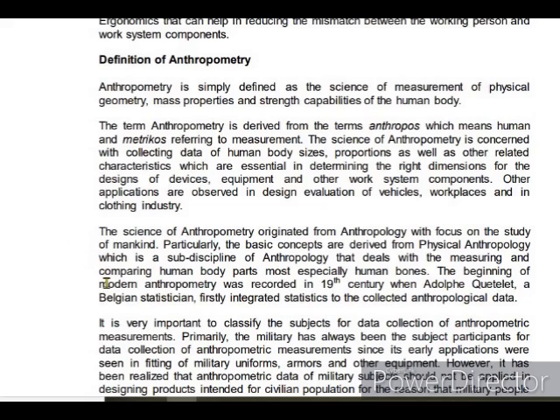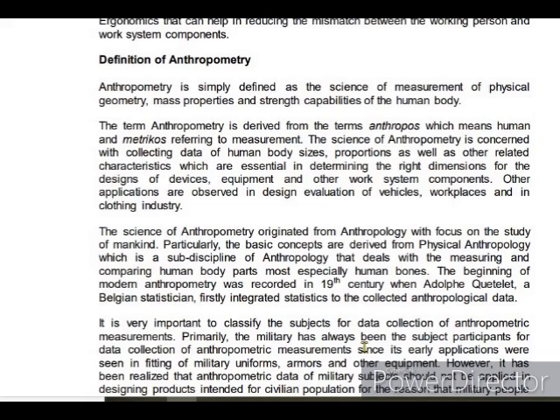Okay, so the science of anthropometry originated from anthropology, with focus on the study of mankind. So it is where it was originated. So particularly the basic concepts are derived from physical anthropology, which is a subdiscipline of anthropology. That deals with the measuring and comparing human body parts, most especially human bones. Why do we consider human bones here?